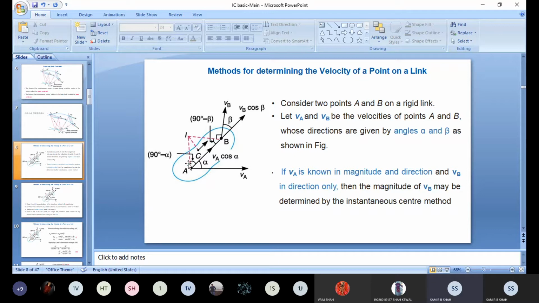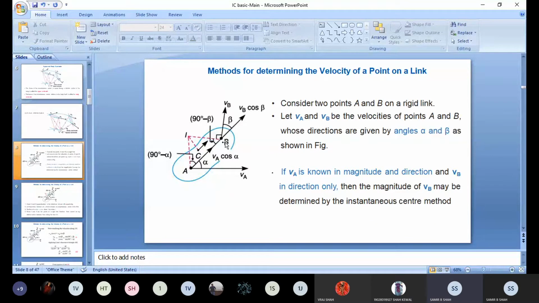Since A and B are points on the rigid link, this blue is the rigid link and A and B are subparts of it. We have considered the 2 points A and B and joined them, so it is considered as a link. Since A and B are points on the rigid link, there cannot be any relative motion along the line AB.